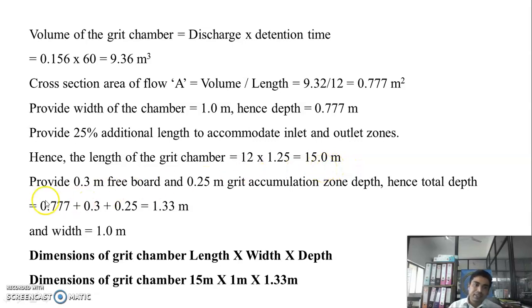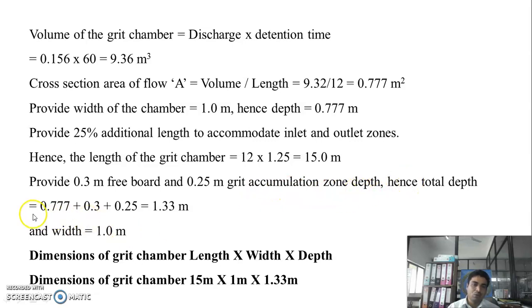Next, we provide 0.3 meter freeboard, because there can be fluctuation in flow, and 0.25 meter for the grit accumulation zone depth.